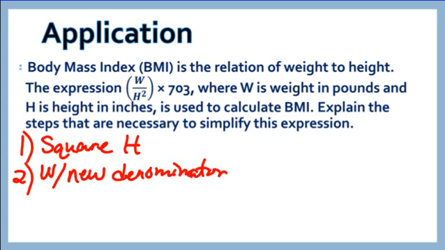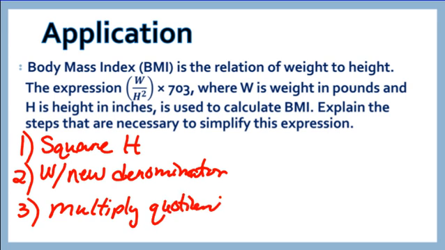So whatever H squared is, that's what you're dividing. So W divided by whatever H squared is. Third step, multiply the quotient by 703. Those are the steps you would take to solve this problem.